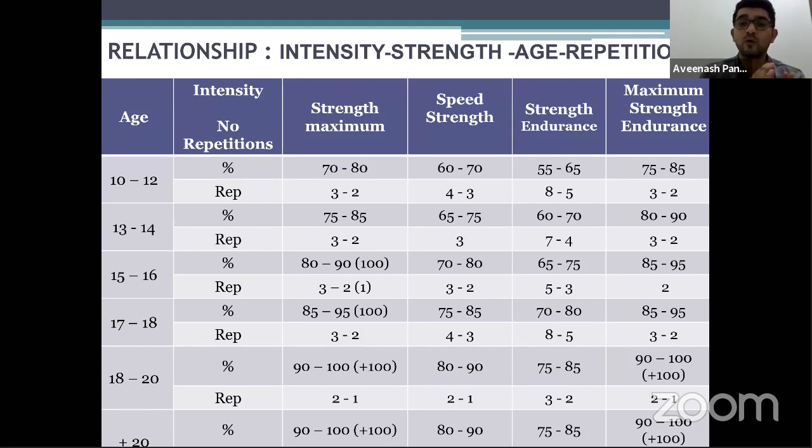So we don't want to insist on maximum strength development or utilizing 100% of capacity. That's why you see here it is only 70 to 80, but we look at how the athlete is performing.